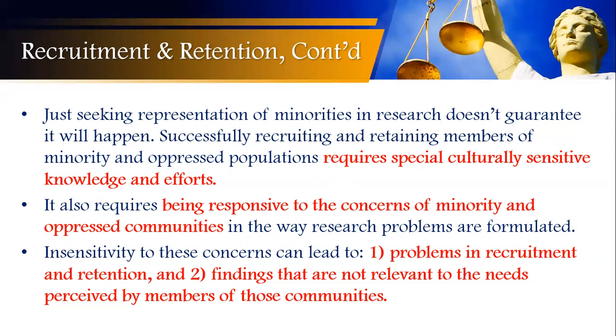Interventions can be 8 weeks, they can be a year long, they can be 12 weeks. Interventions vary in terms of the duration of time. But regardless of the amount of time, interventions run over a period of time. And so we're not only recruiting minority and oppressed populations into interventions, but we need to figure out ways to retain them as well.